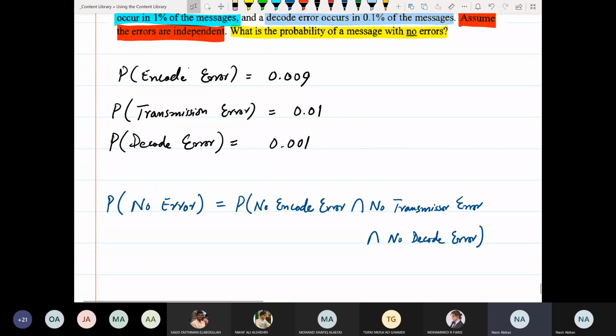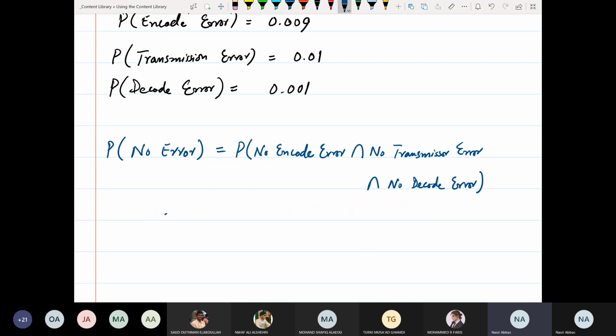Now look at the red highlighted thing. This is where the red highlighted thing will come into the picture. It says that the errors are independent, so this intersection will be changed to product only because of that red statement. If that red statement was not there, you cannot change this to the product.